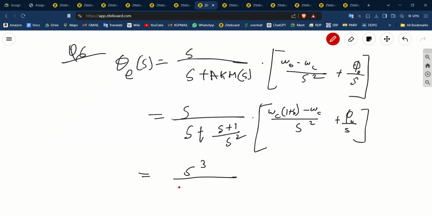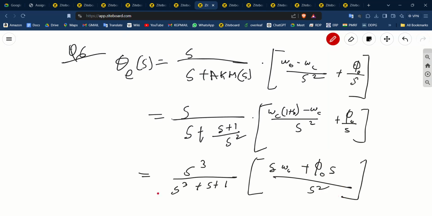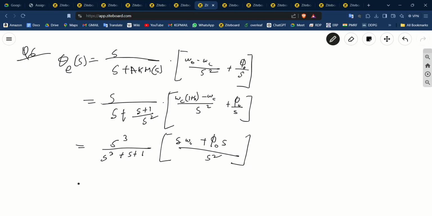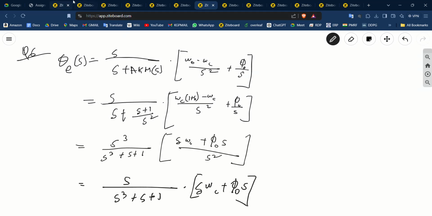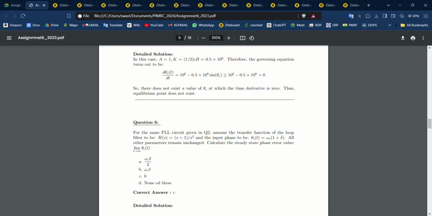So this will be s cubed by (s cubed plus s plus 1) into (delta omega c) plus phi naught s by s squared. So this will be s by (s cubed plus s plus 1) into (delta omega c plus phi naught s). Now this is the steady state error transfer function, the small phase error transfer function.